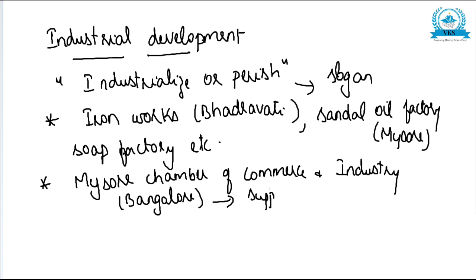All the support for trade and commerce was given by it. So his famous slogan was industrialize or perish, and during his time a number of industries like the iron works at Bhadravati, sandal oil factory at Mysore, soap factory, etc. developed, and the Mysore Chamber of Commerce and Industry was established at Bangalore to support trade and commerce.